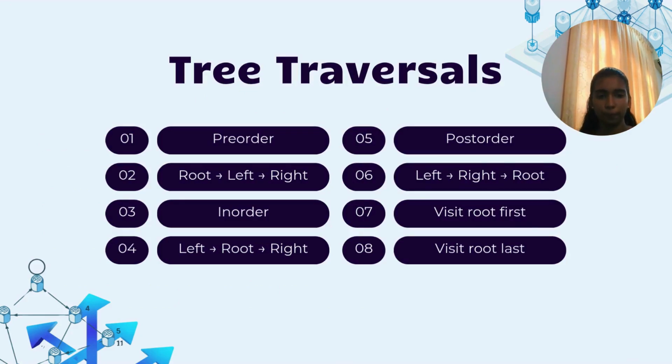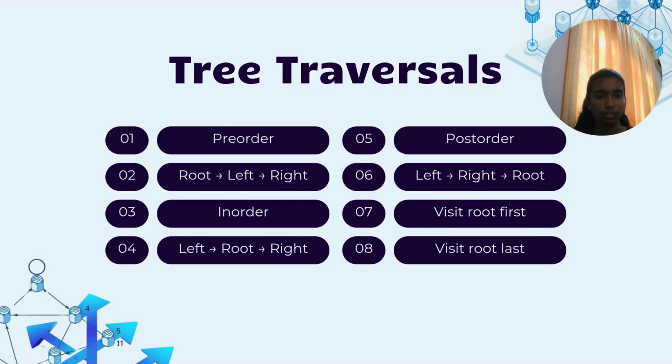Tree traversal types. First is pre-order traversal. In pre-order, we visit root, left, right. This means we process the root first. Second is in-order traversal. In in-order, we visit left, root, right.